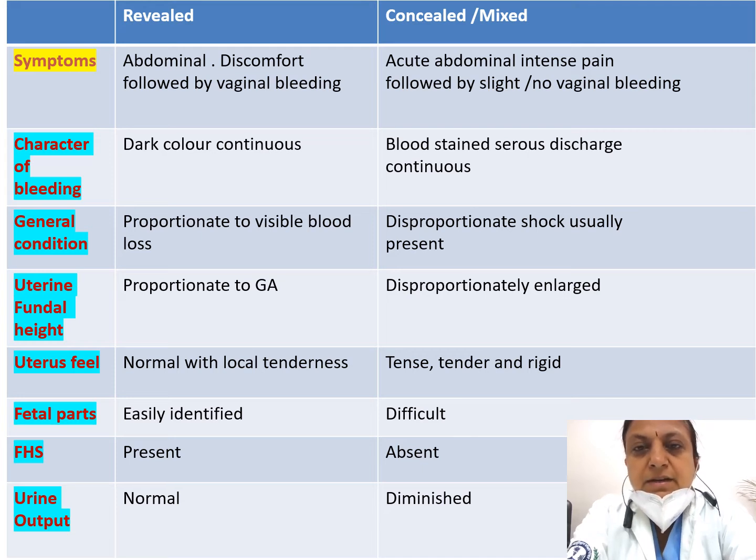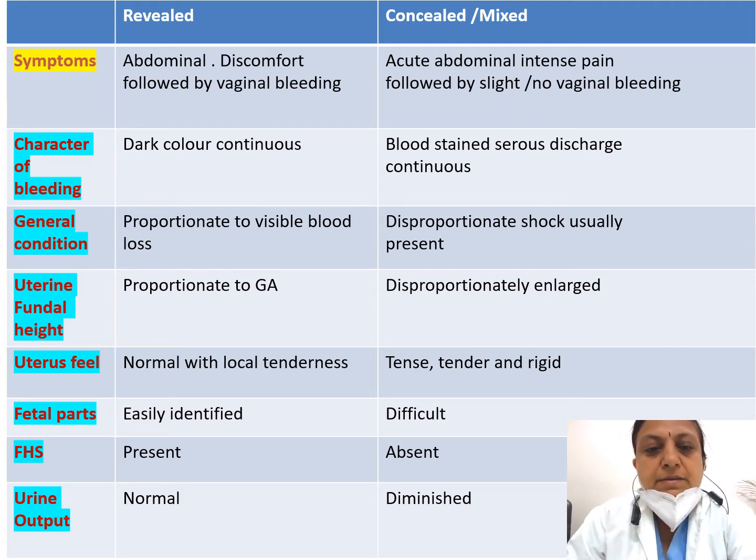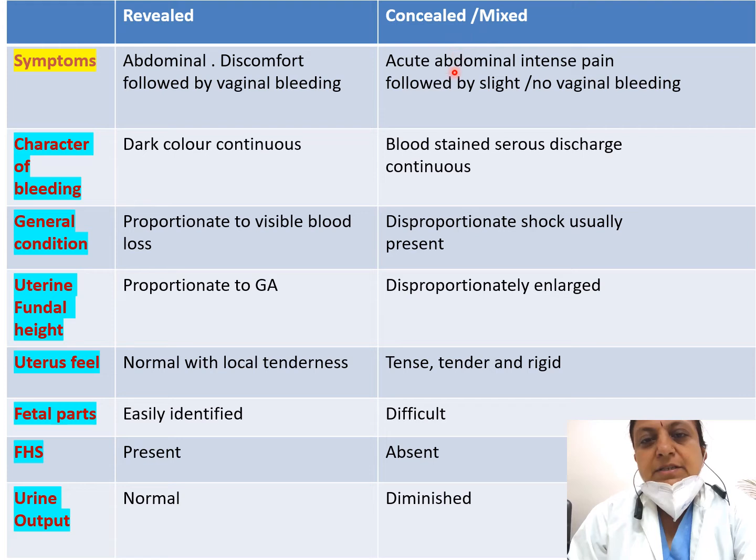In the concealed variety, there is acute, intense abdominal pain followed by slight or no vaginal bleeding. The characteristic of bleeding in the revealed variety is dark colored and continuous, whereas in concealed there is blood stained serous discharge continuously.